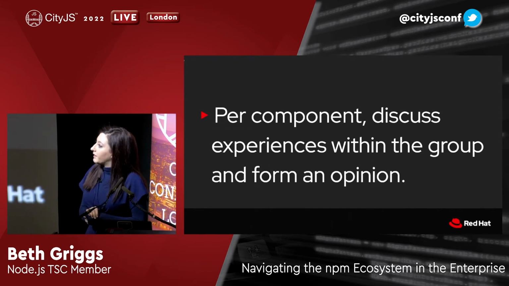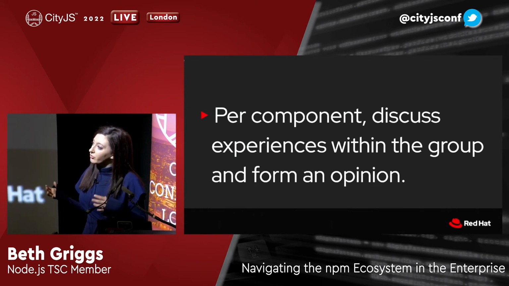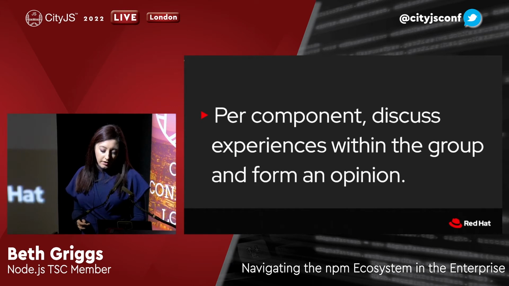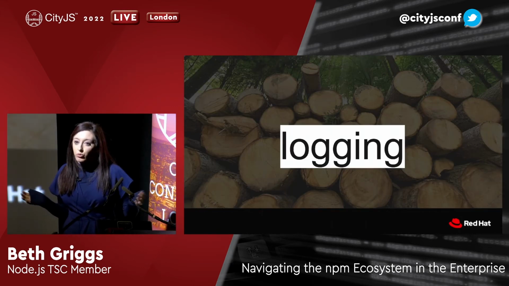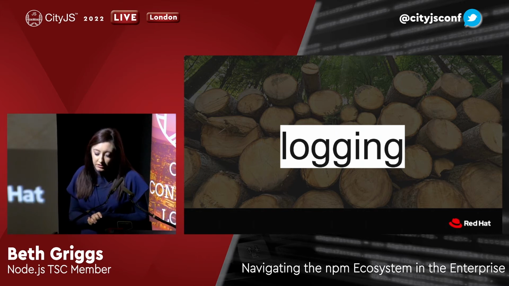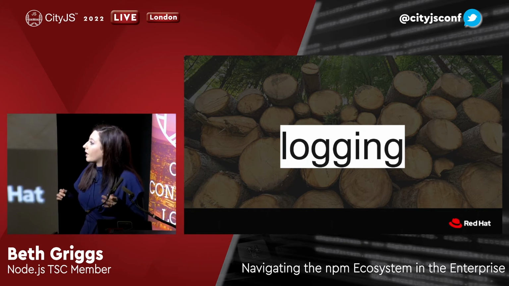Once we'd listed out all of these components, we discussed them within the group to try and converge on an opinion on a good default. I'll go through an example in the context of logging. We brought together everyone operating large deployments. We discussed at length all the different modules they were using, whether Winston or others.